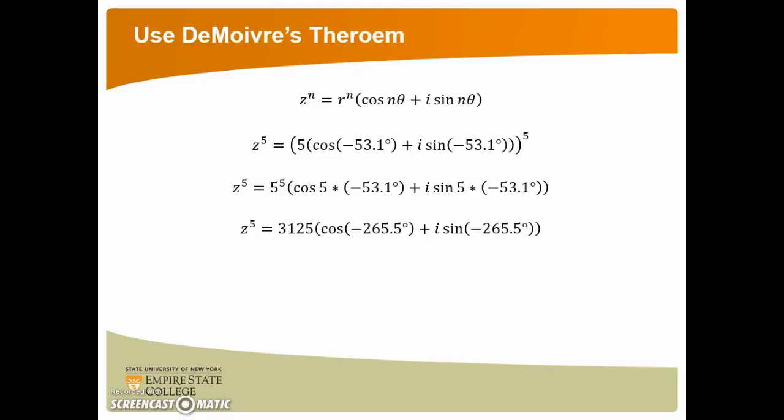So in polar form, our z to the fifth power equals 3,125 multiplied by the quantity, the cosine of negative 265.5 degrees, plus i times the sine of negative 265.5 degrees.